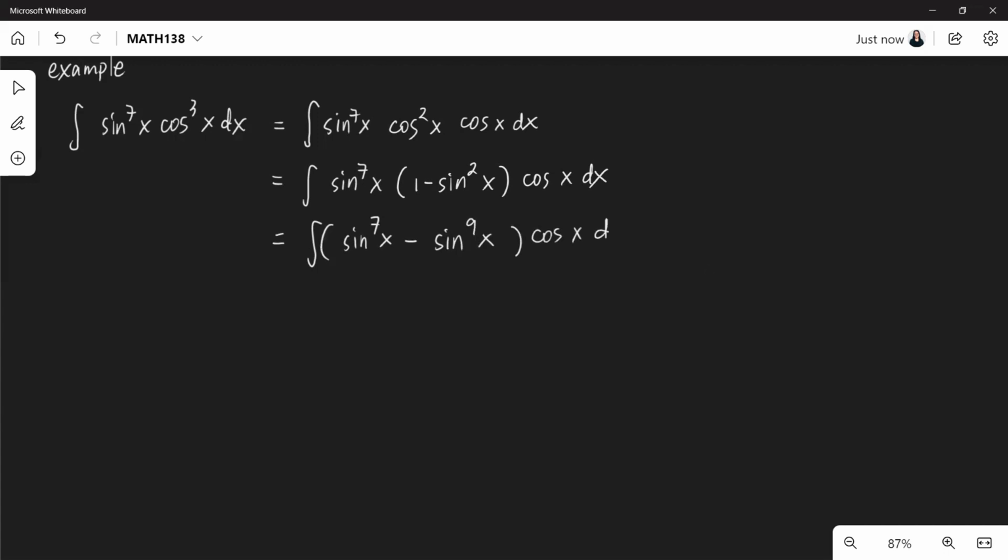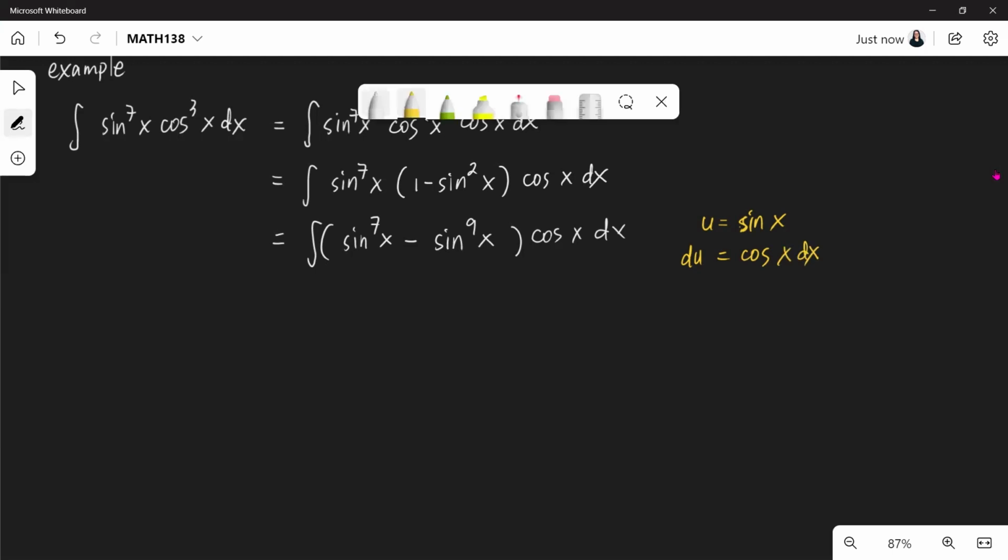So we can now transform this to u to the power of 7, and this to u to the power of 9, because we now have the du. Let u be equal to sine x. So du is cosine x dx, so no need for a neutralizing factor.